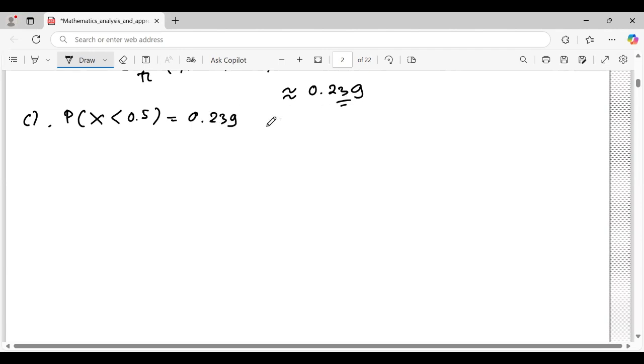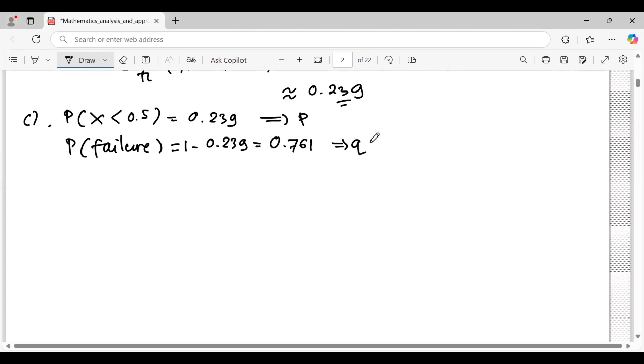So the probability of failure is 1 minus 0.239, and it is 0.761. In binomial, we can state this one as P and this one as Q.